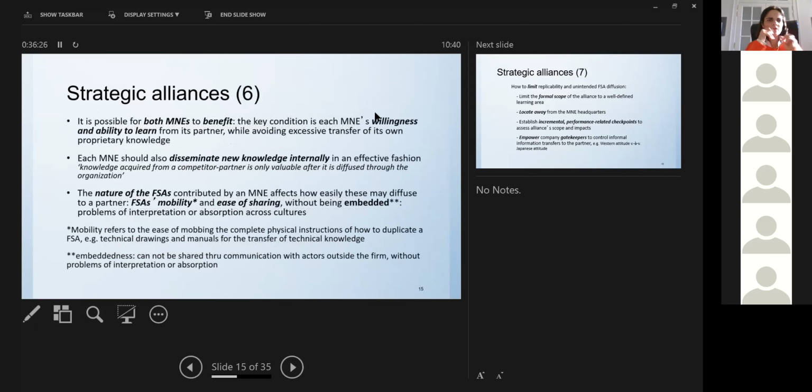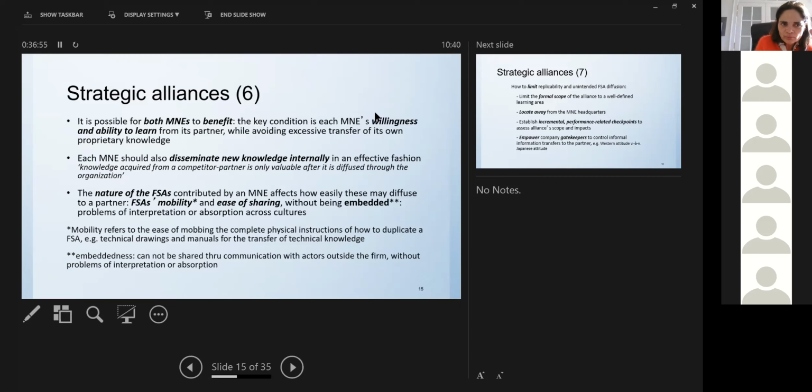Now, it's possible for both, in many cases, the multinationals experiencing alliance and being active in alliances. In many cases, all is well, right? It's a nice entry mode, and because they both benefit, that's of course the ideal story. But there must be a willingness and an ability to learn, and that's the most important thing.